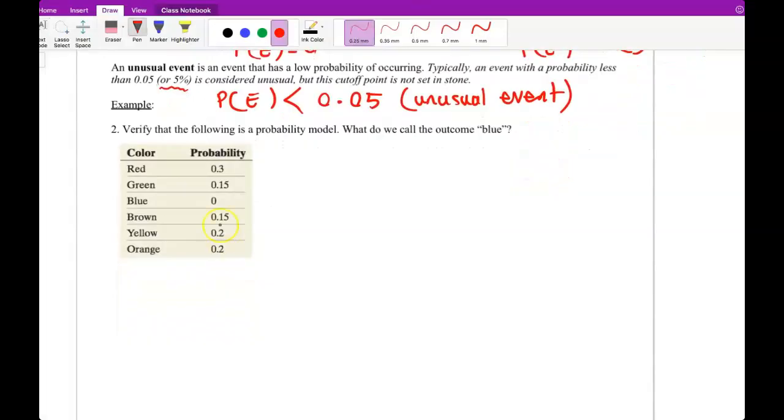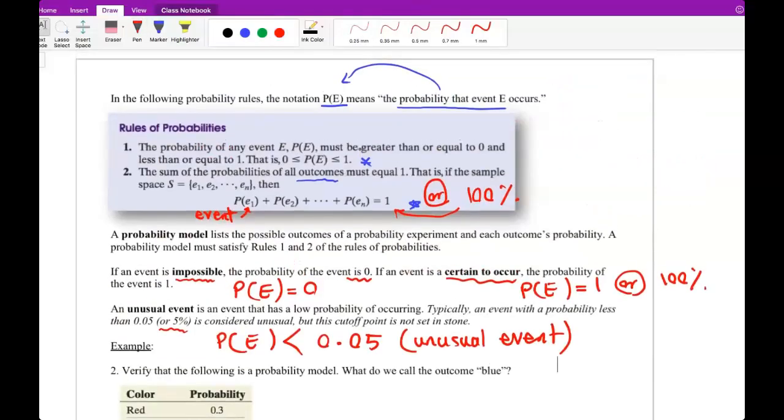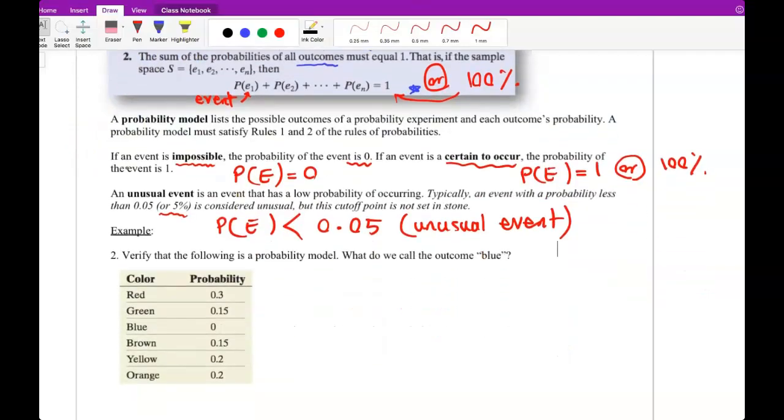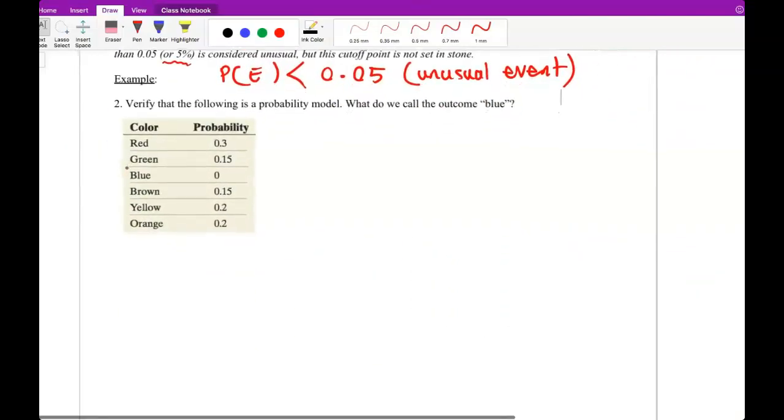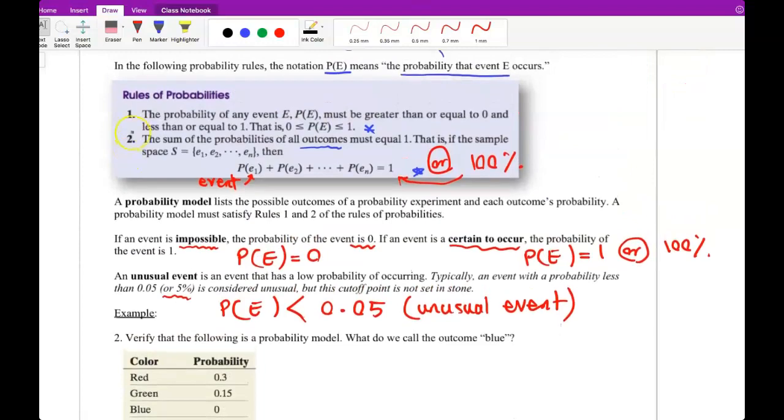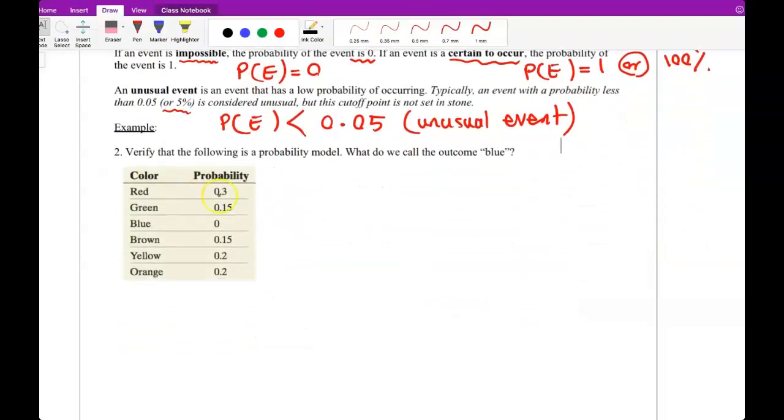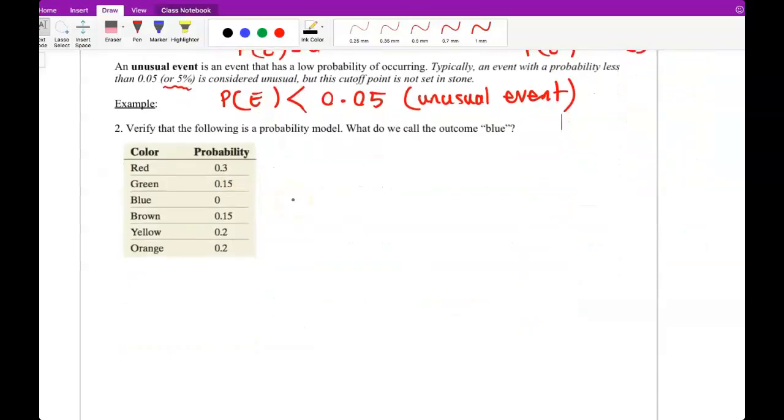Now, example: verify that the following is a probability model. What that means is we should have these two rules, the first and second rule together. If I don't have one of these, for example, if I had number 1 but not number 2, or vice versa, then we don't have a probability model.